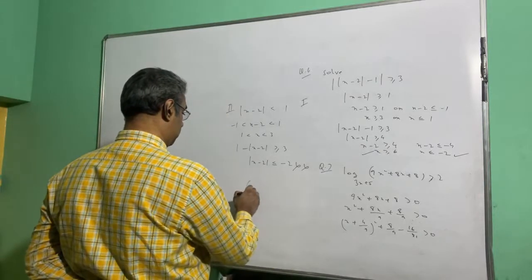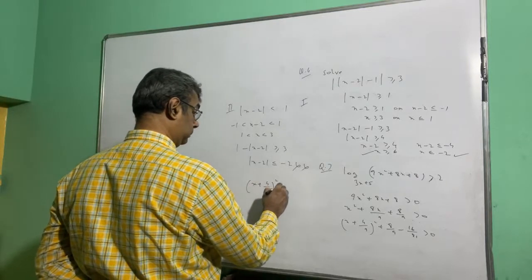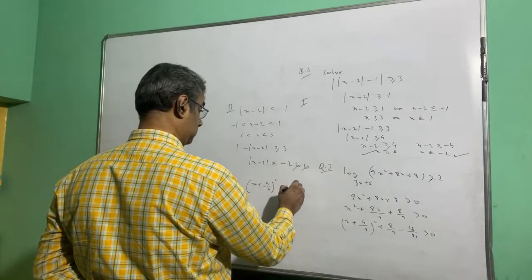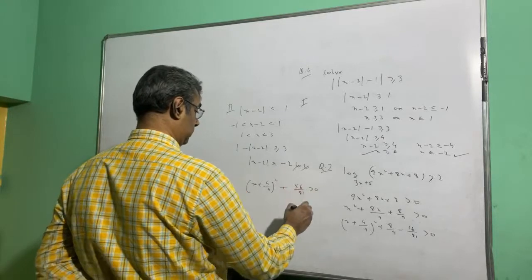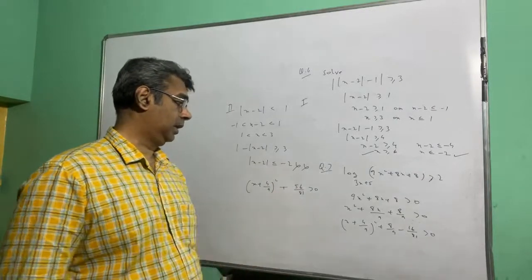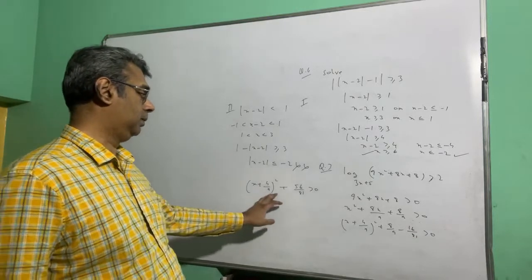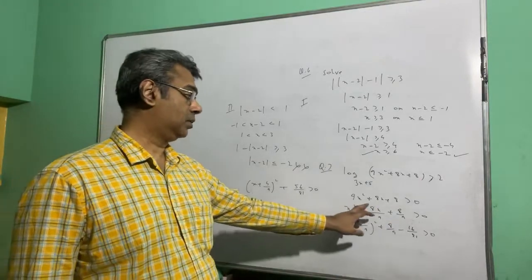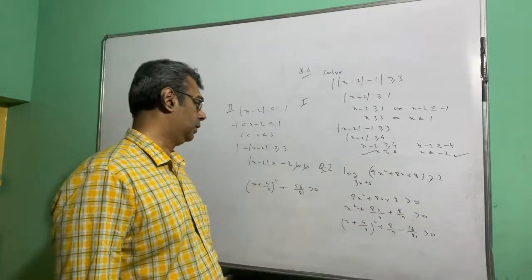Okay, now let's do the LCM of that part. So x plus 4 by 9 whole square plus 56 by 81 is greater than 0. So perfect square plus 56 by 81 greater than 0. So that means this is always true. So that means 9x square plus 8x plus 8 greater than 0 is always true. So that part is okay, taken care of.